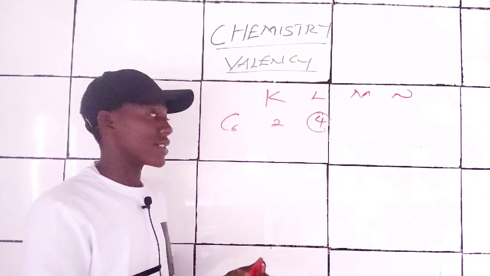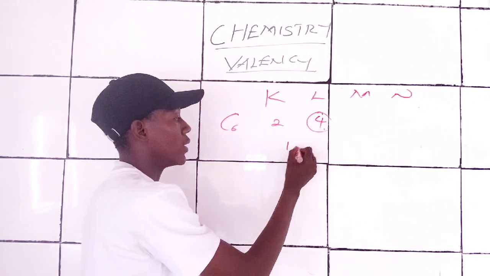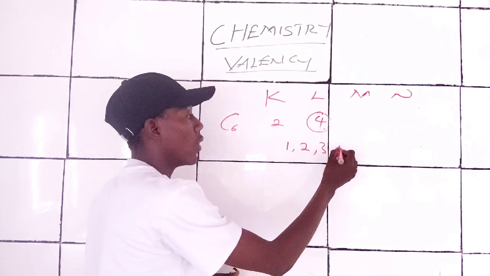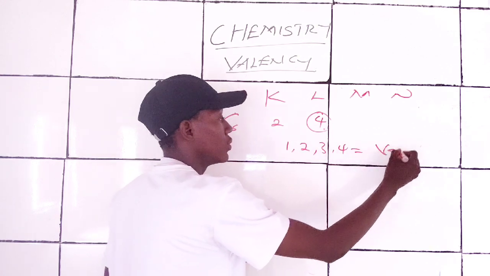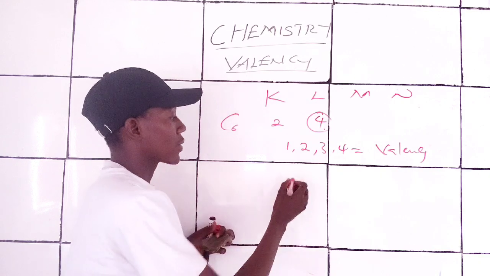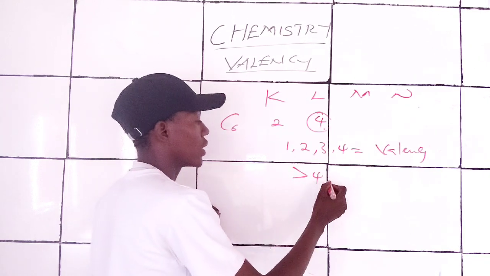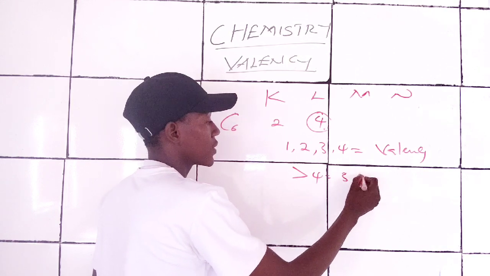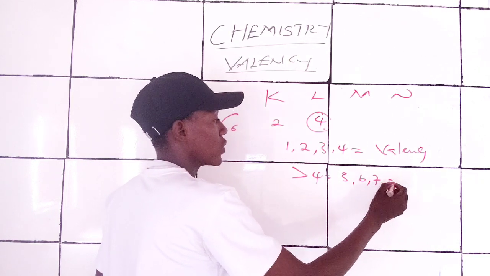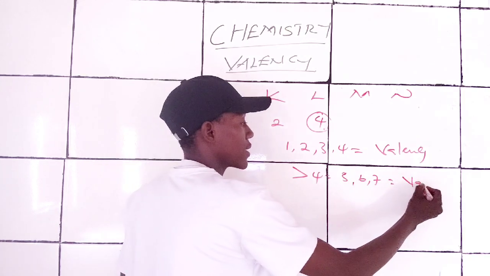So what have we learned? If the valence electron, that is the last electron, is between 1, 2, 3, or 4, it is equal to the valency. Now, if the valence electrons are greater than 4, that is, it ranges between 5, 6, 7, we're going to check how much is left to get the valency.